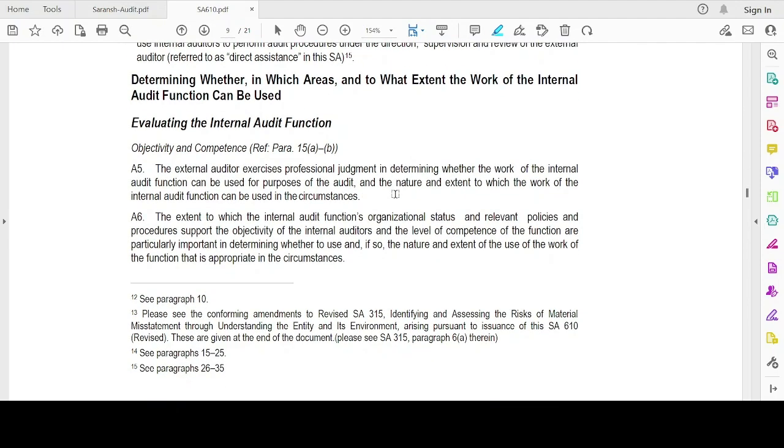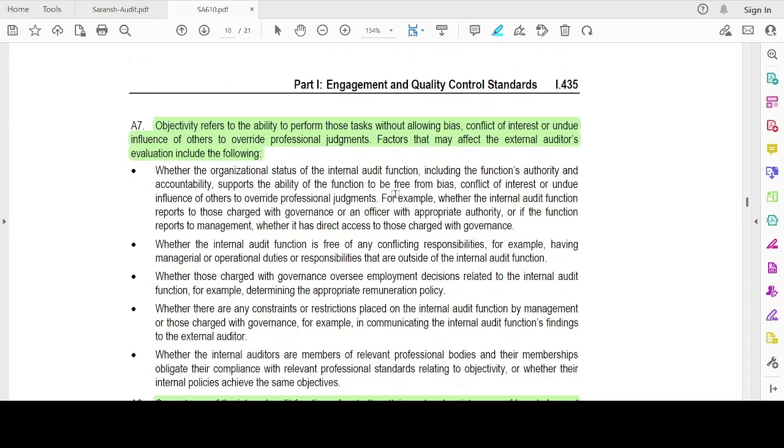Now, we already discussed, right? Objectivity means unbiasedness. Objectivity refers to the ability to perform those tasks without allowing bias, conflict of interest, or undue influence of others to override professional judgment.